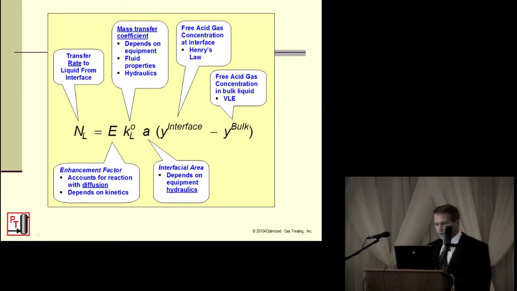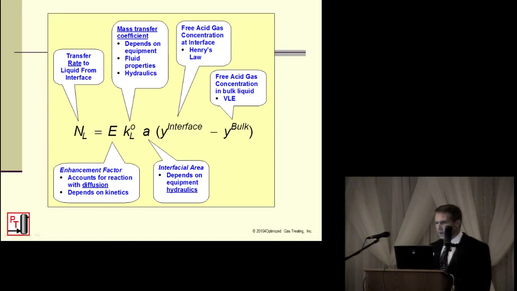The mass transfer coefficient, I've got KL with a 0 superscript here, is very analogous to say a shell or a tube side film coefficient. And there are correlations that you can use for different types of trays and packing to compute KL or KG for that matter.